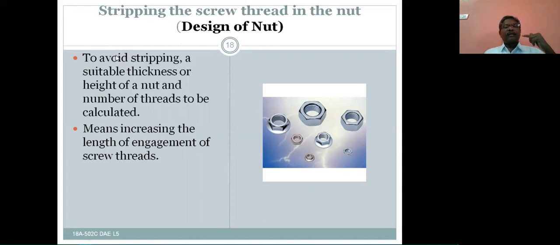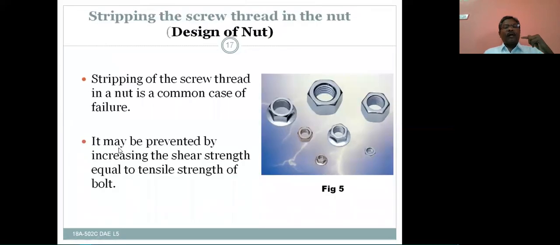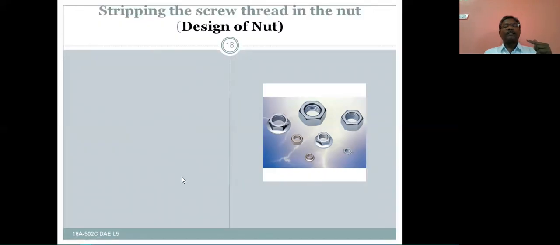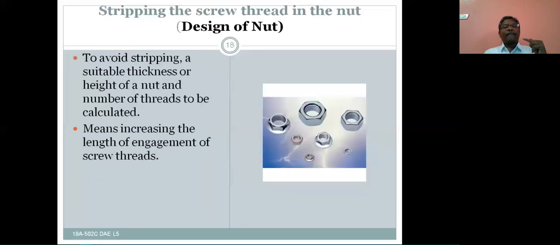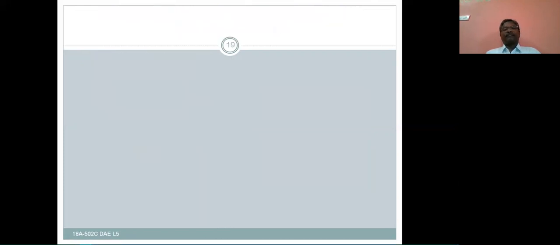So the first method is equating the shear strength to the tensile strength, and the second method is increasing the length of engagement of screw threads by increasing the height of the nut. This we can also study under the design of nut.